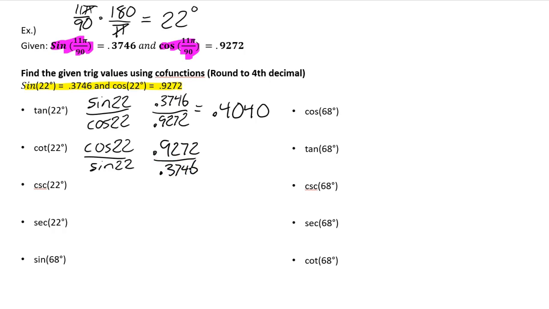And then we'll just divide them once again. So 0.9272 divided by 0.3746, and I get 2.4751. Oh, I'm sorry, I need to round that last one, 2.4752. Okay, so all of these values will work out.